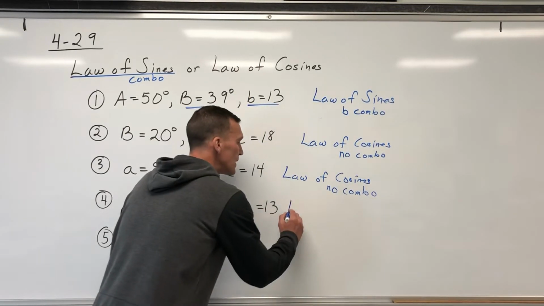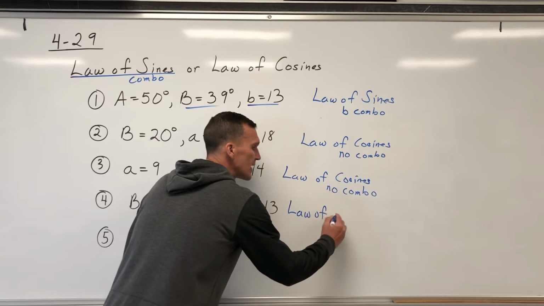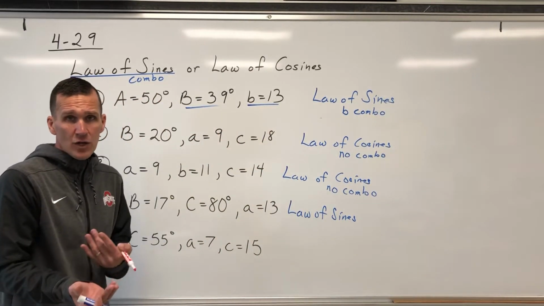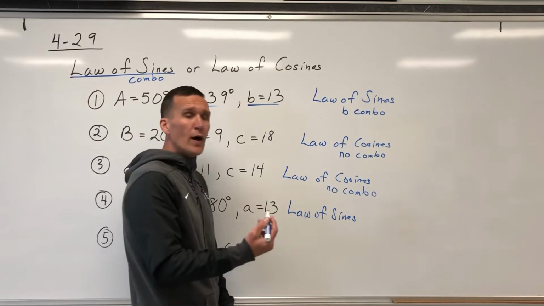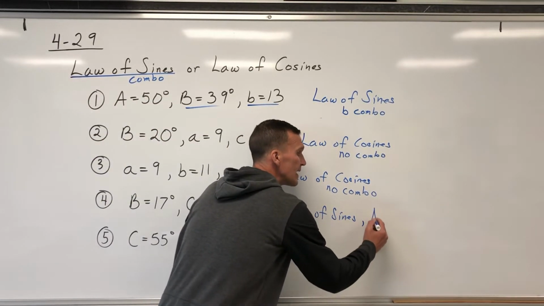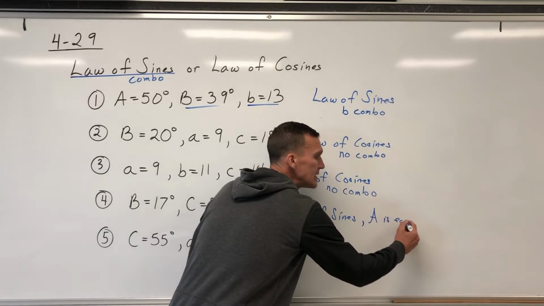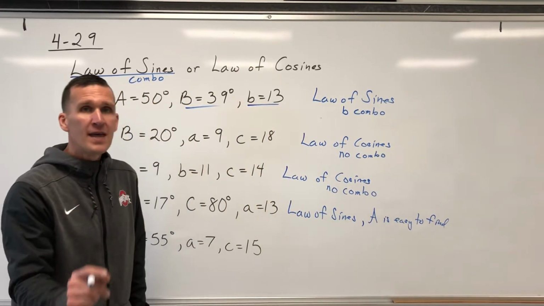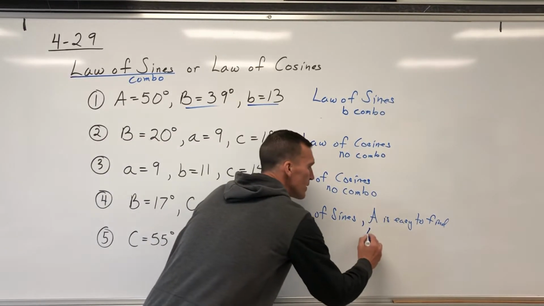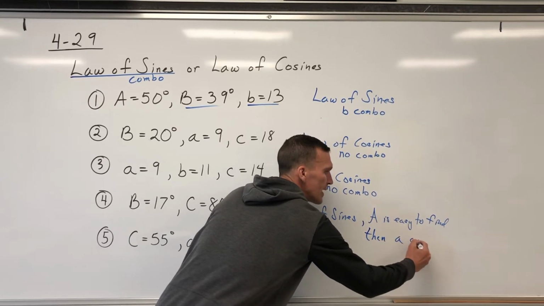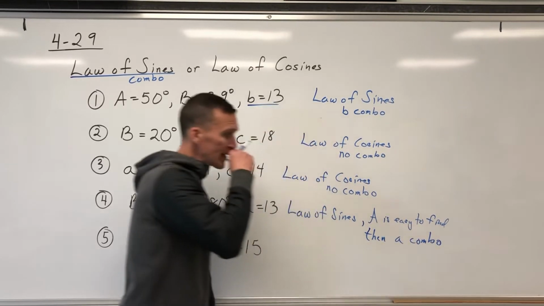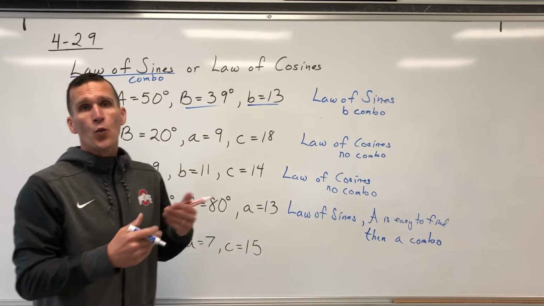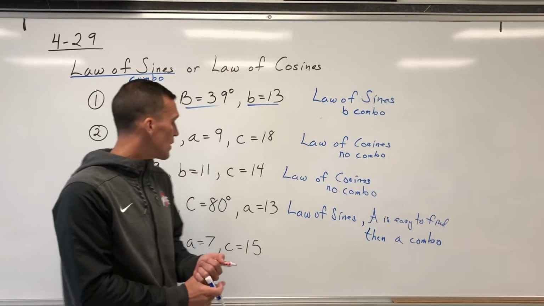So this one is going to be law of sines. Now, we can't say we have a combo yet as our rationale. So the reason why we can use the law of sines is A is easy to find. Then I have the A combo. So I need you guys to go through that rationale because that's what's going to help you really choose which law you get to use to help you solve.